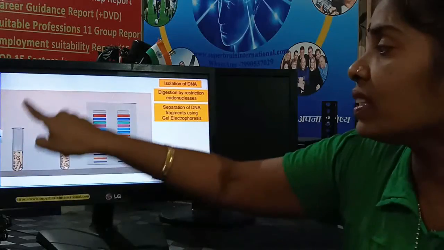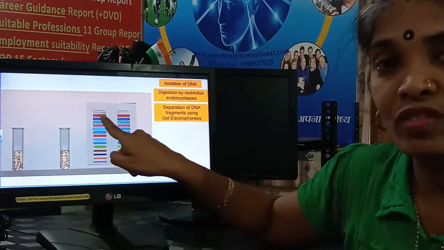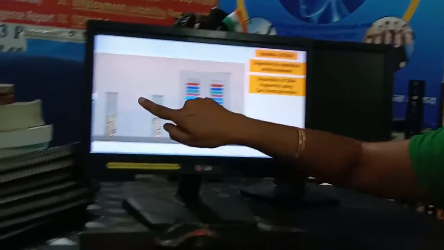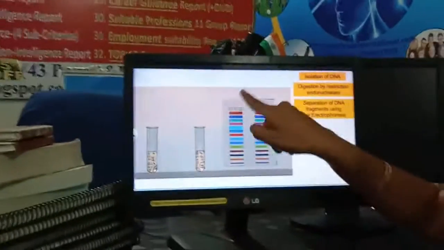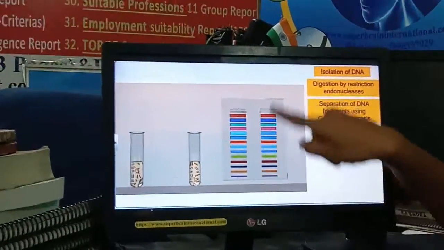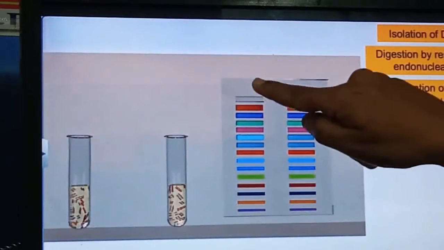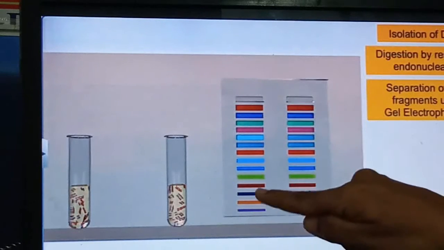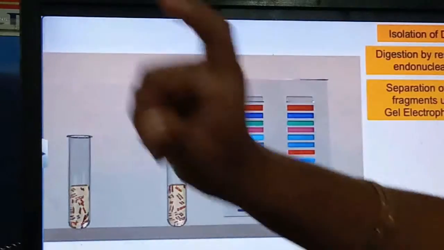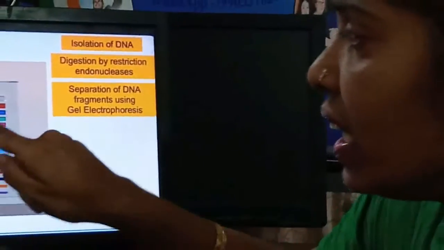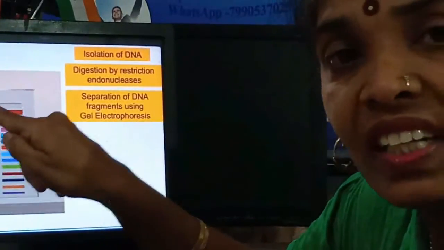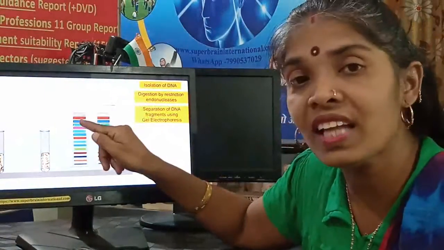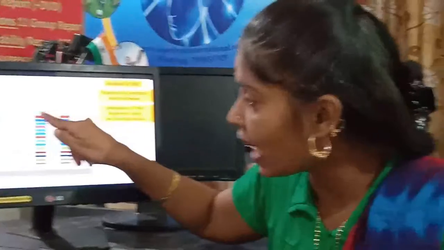When we pour the DNA in the well on the gel sheet, the DNA segments will start to percolate. Whichever is the long segment, the very large fragment, will get separated here only, and the smaller ones will go to the next stage.